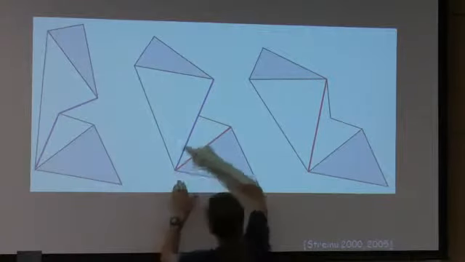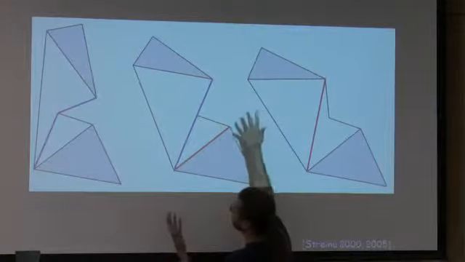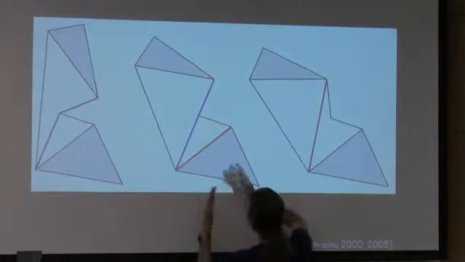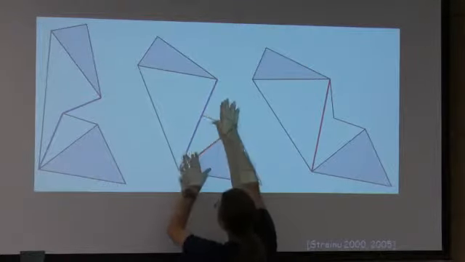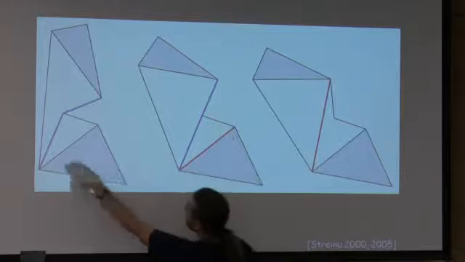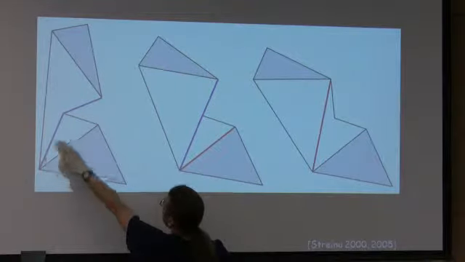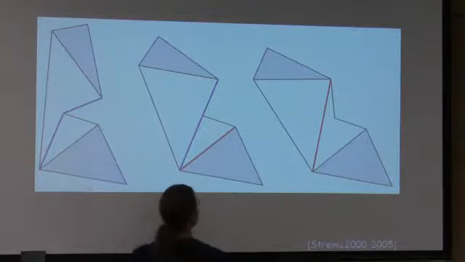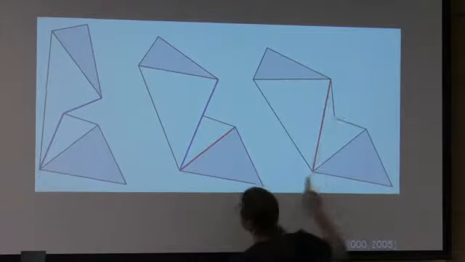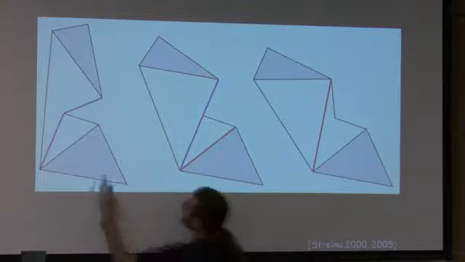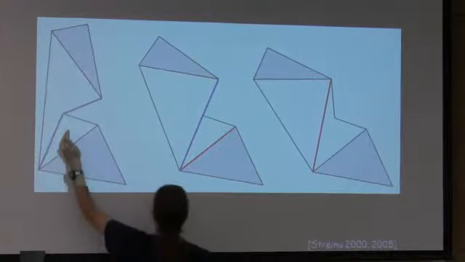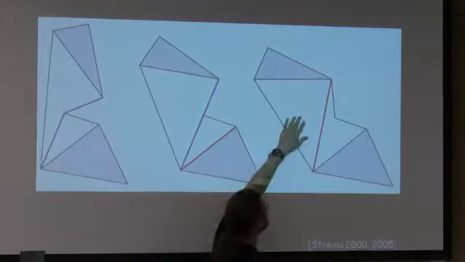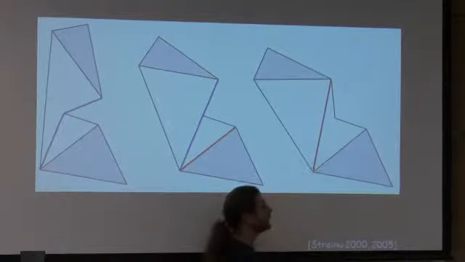At some point, those 3 points will become collinear. Got to deal with that. And the way you deal with it is as you continue moving, it's no longer the case that those two blue edges are the edges in the pseudo-triangulation. Now it's this one red edge. This is called a flip. And you see, we used to have a quadrilateral up here and a triangle down here. Now we have a triangle up here and a quadrilateral over here.